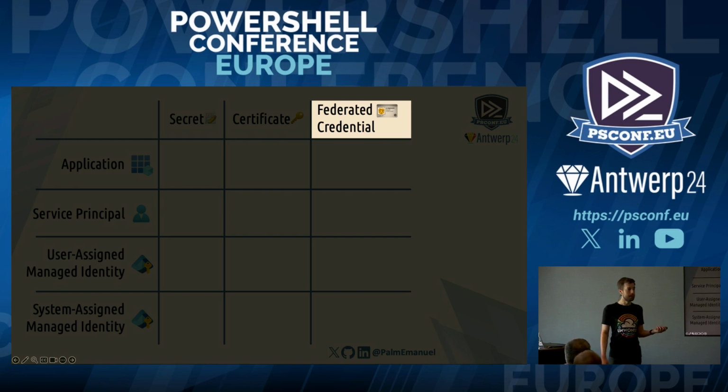The way it works is that we register some information about the third-party platform with our identity, which lets us authenticate with this identity from GitHub or Azure DevOps, which is technically a separate platform and IDP, identity provider. We can use it from Kubernetes, Google Cloud, etc. And the way it works is that we get an ID token for the subject or the identity we want to use it from in the third-party platform.